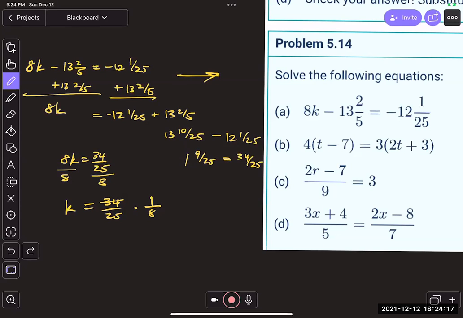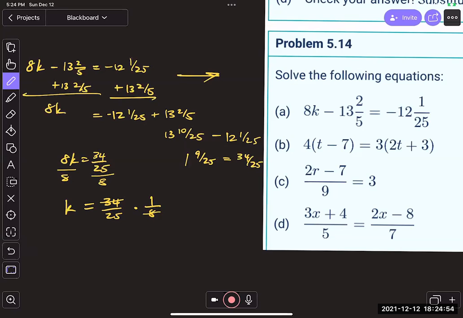I guess I just don't know what to do with it. I can't simplify to make the number smaller because I can't. Is there any common factor between 34 and 8? What number? They're both divisible by 2, right? Yeah. So get rid of the 2. What do you have now?